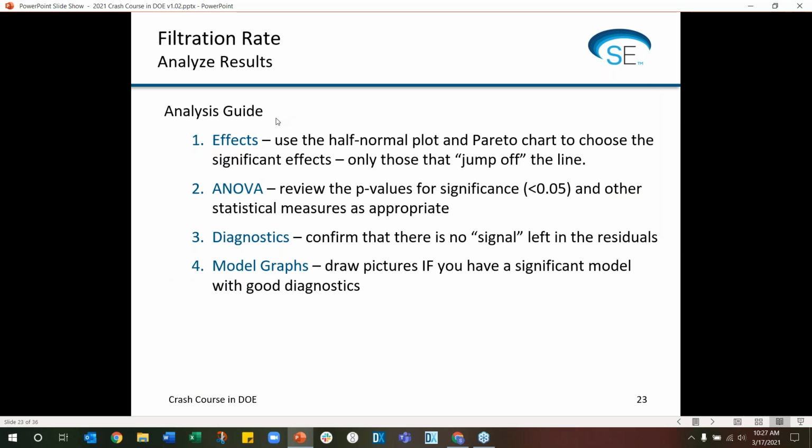I'm going to open up the software next, but just to show you what we're going to do to analyze it, we're going to look at some effects plots to choose the significant effects. Then we're going to review the analysis of variance. Then we're going to look at the diagnostics. And finally, we're going to look at the model graphs.